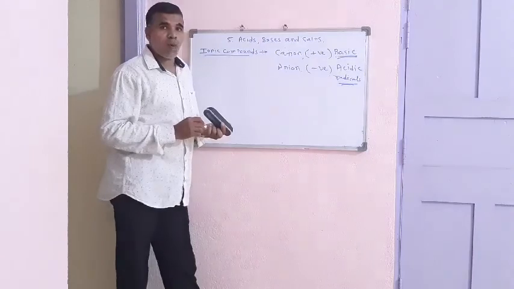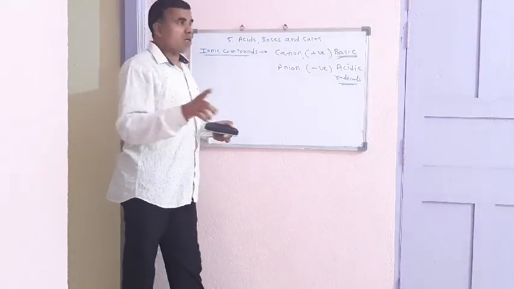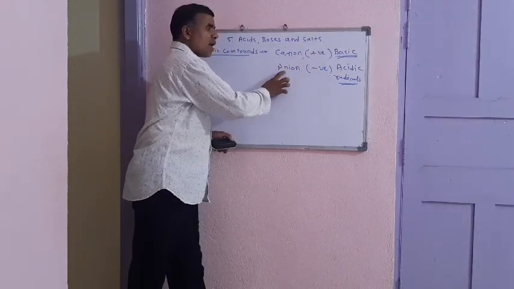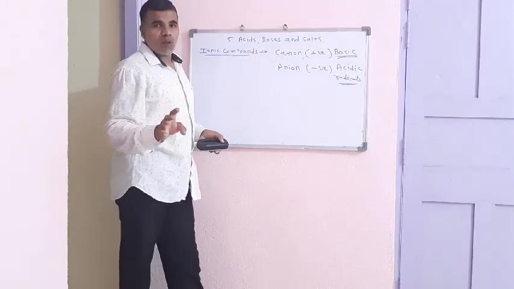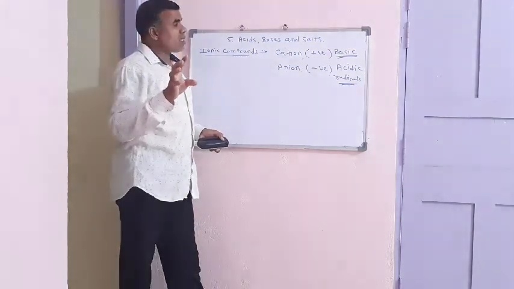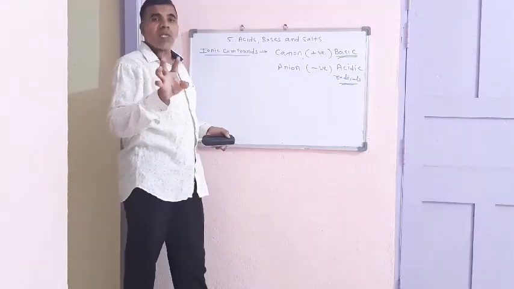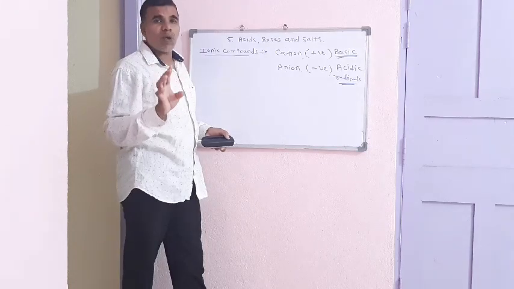Ionic compounds are formed when there is a force of attraction between the positive charge of a cation and the negative charge of an anion, forming ionic bonds. So these cations and anions are oppositely charged ions that form ionic bonds.